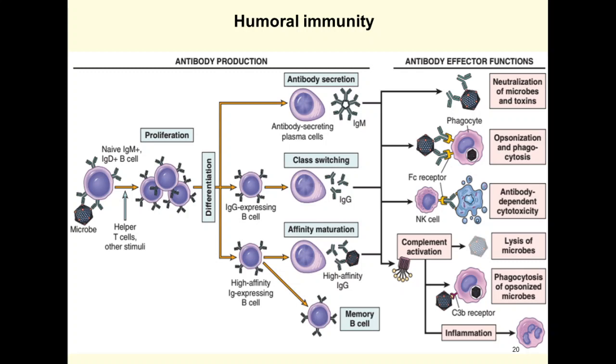So a B lymphocyte becomes a plasma cell. Some of the activated B cells undergo heavy chain class switching, and some become long-lived memory cells.